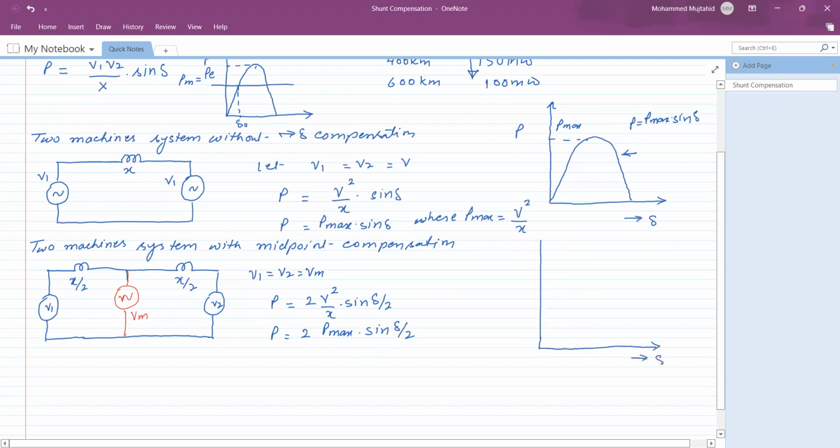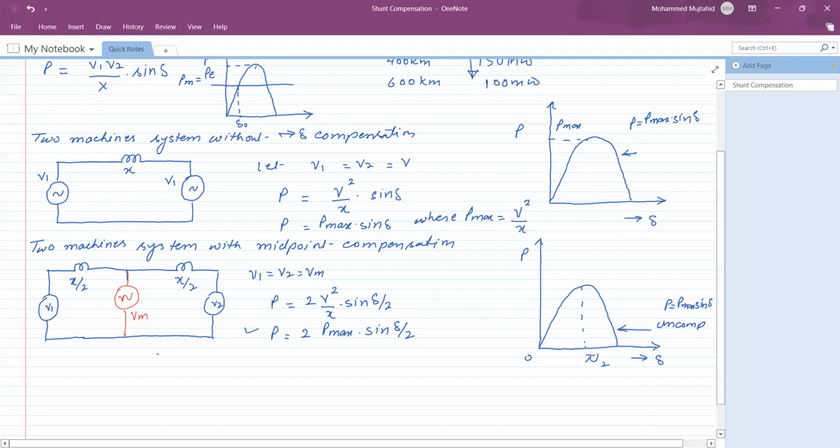So this is angle delta, this is power P, and earlier this is the curve which shows the uncompensated line. And the equation is P is equal to P maximum sine delta. This is angle delta, and it becomes maximum at pi by 2 or 90 degree.